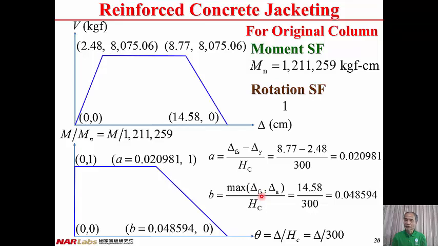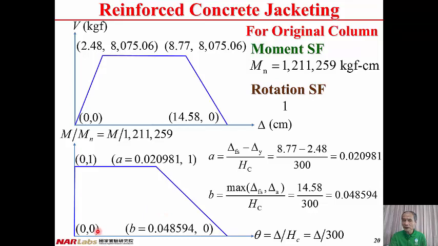Okay, finally we have the force displacement relationship for the original column. Point A, point B, point C, and point D. And then we normalize the physical values to non-dimensional values.